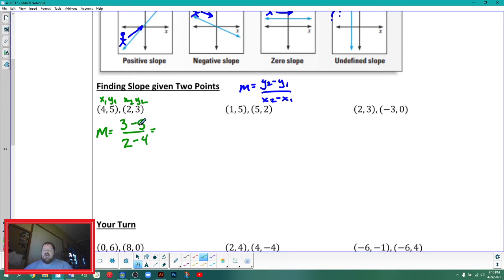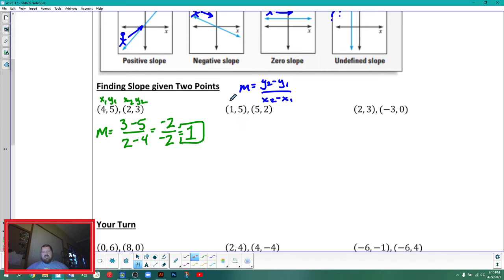So I didn't think about that. I went with my formula and what I had labeled what, and put the numbers in where they go. On this one, we get 3 minus 5, which is -2, and 2 minus 4, which is -2, and -2 divided by -2 is +1. So I get a slope of 1.